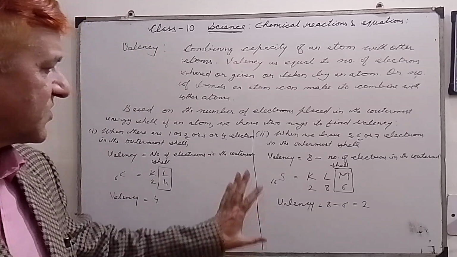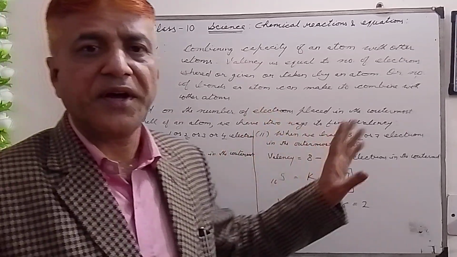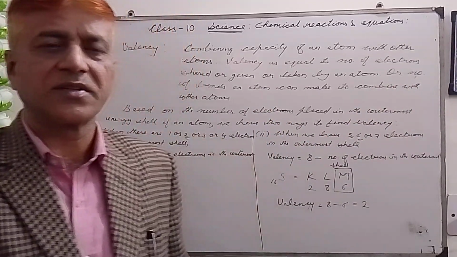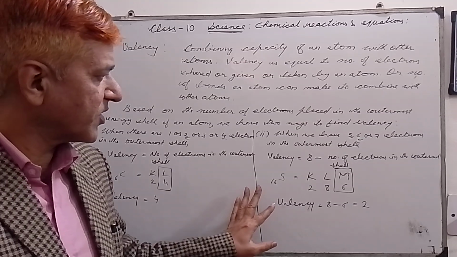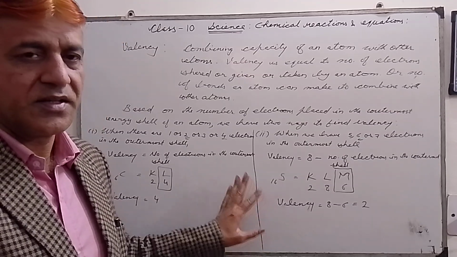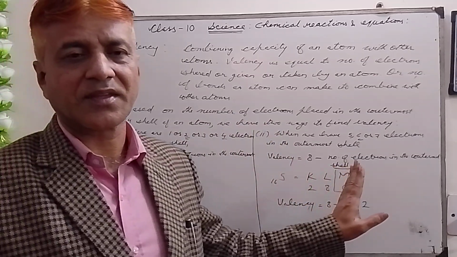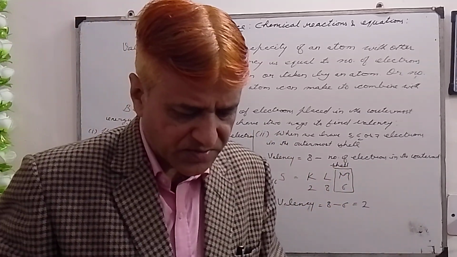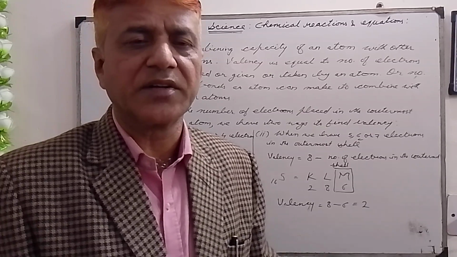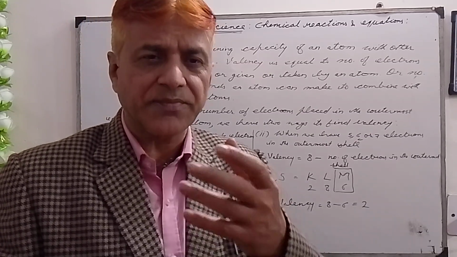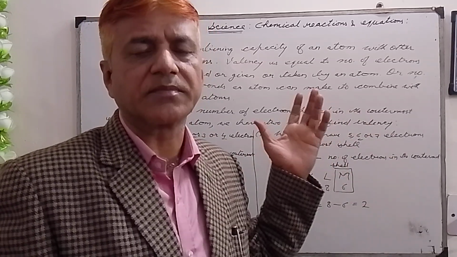So my dear students, in this way you can find the valency of any element. We have two formulas: first is this and second is this. It is very important to understand the concept of electronic configuration.